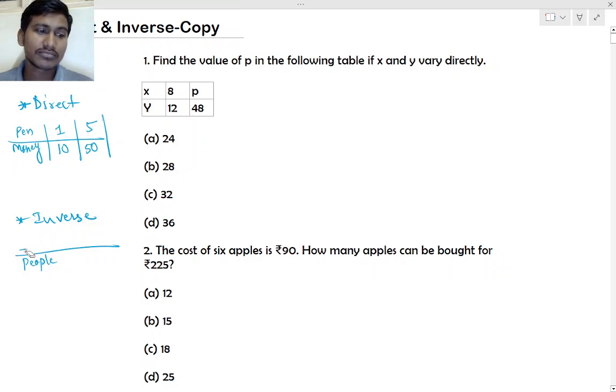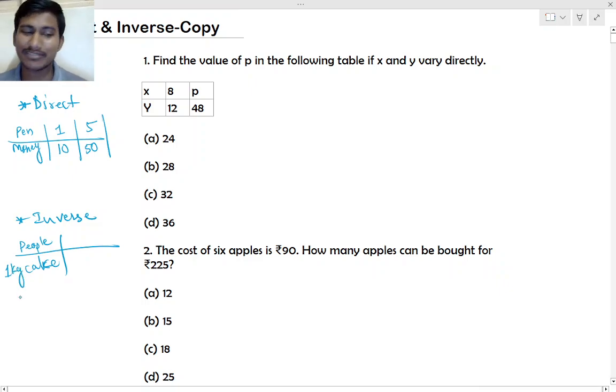If you divide that cake, let us take a 1 kg cake, 1000 gram. If there are 2 people, how much cake will each one get? 500 gram, half. If there are 4 people, how much will they get? 250 gram.